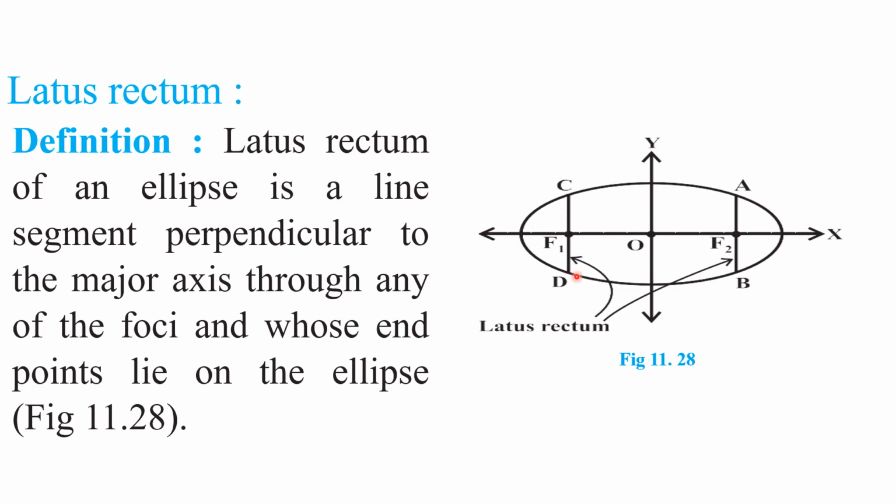And these two endpoints lie on the ellipse. The endpoints of CD also lie on the ellipse. So here the line segments AB and CD are said to be latus rectum of this ellipse. Understood this point, my children? What is meant by the latus rectum of an ellipse? Right.